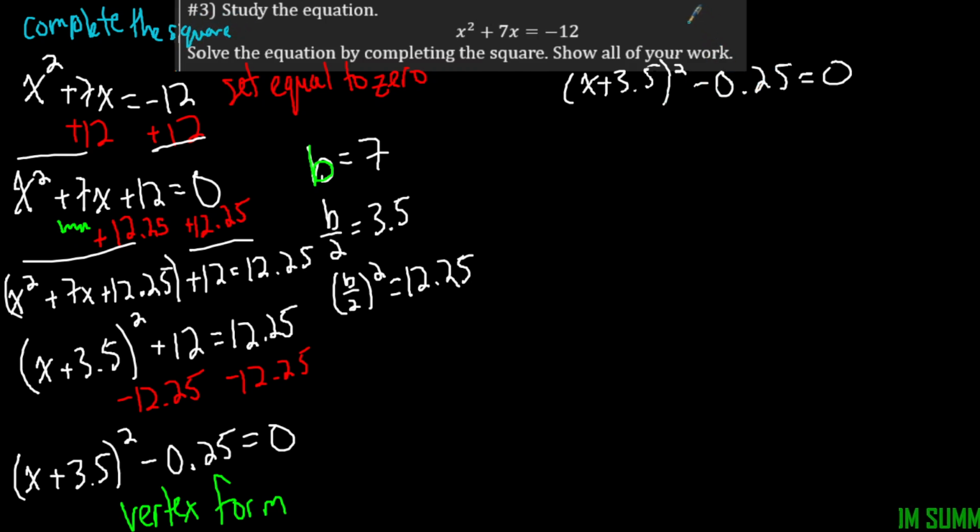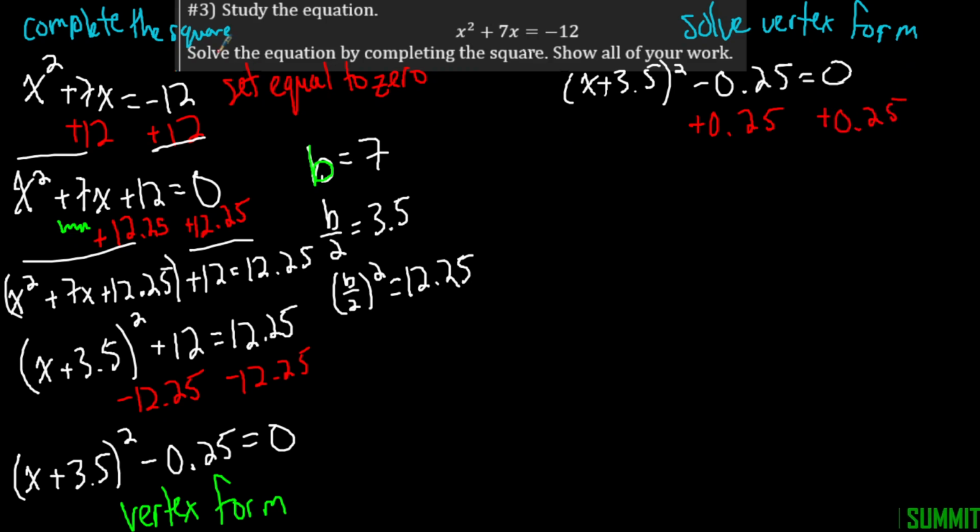And then over here I have solve vertex form. Because we're solving for x, so I have to solve for x. So what I'm going to do is add 0.25 to both sides, so I have x plus 3.5 squared equals 0.25.